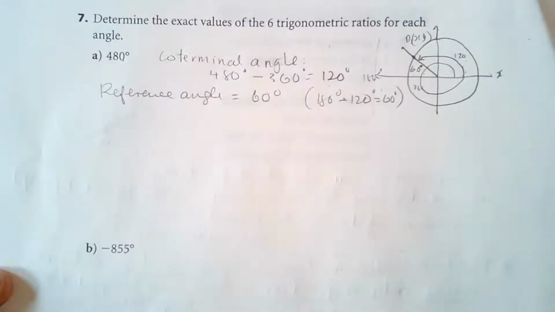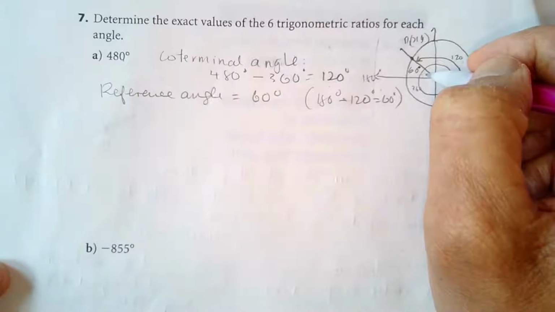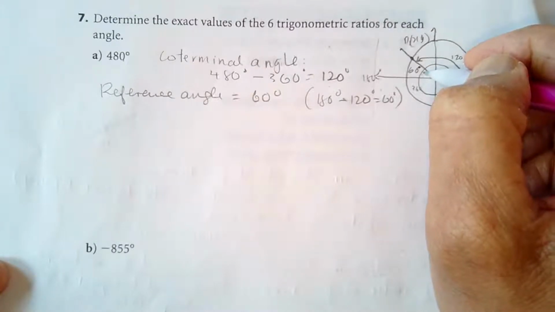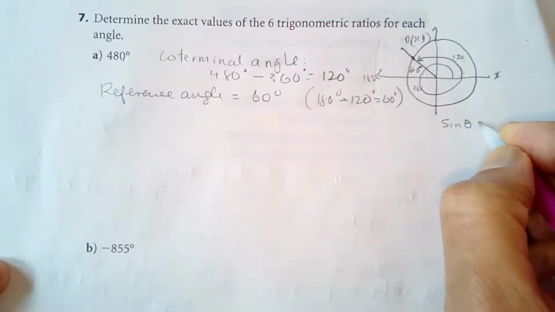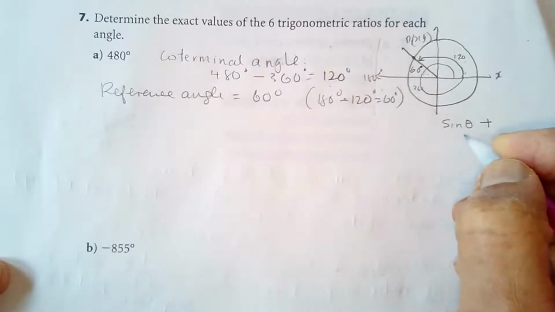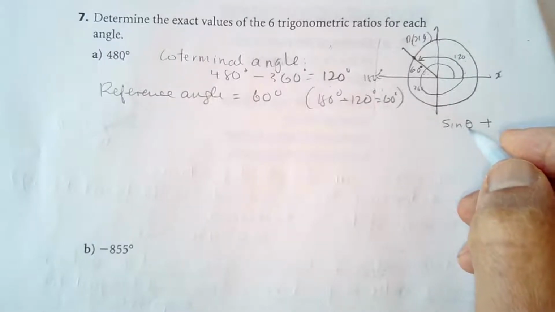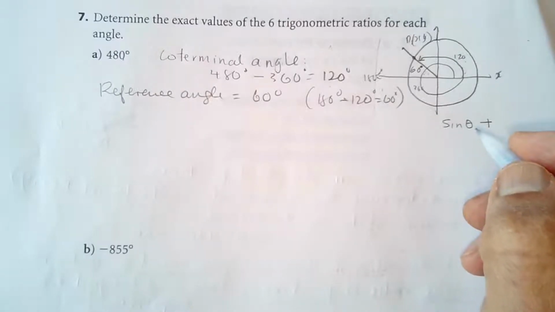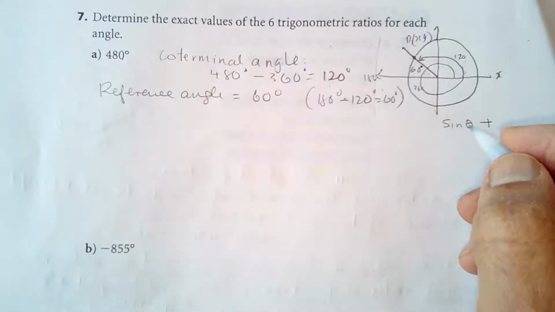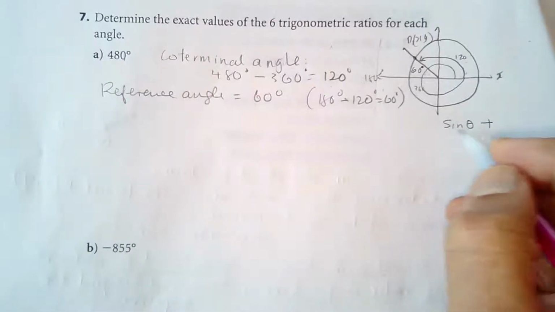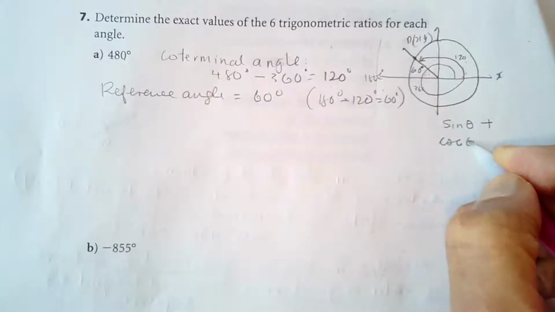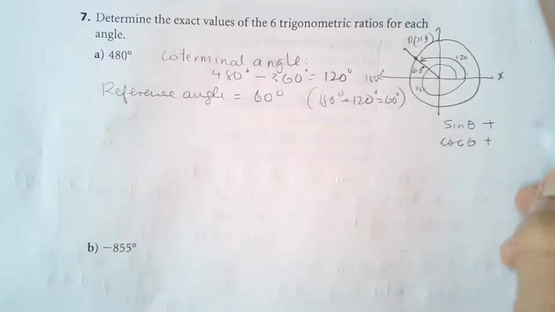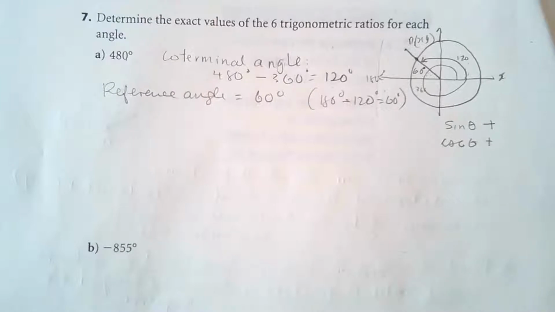Now in this quadrant, quadrant 2, sine theta is positive, right? And we also know that the reciprocal of it, cosecant theta, is also positive. The other ones, secant, cos, tangent, etc., are negative.